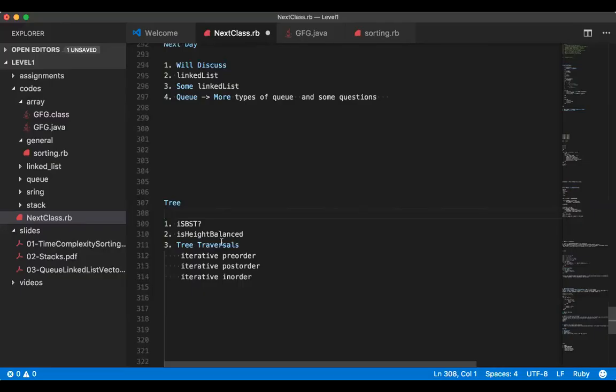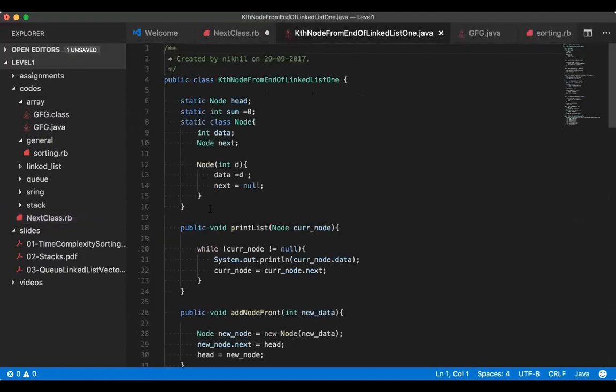Kth node from end. This is one code, a submission with a linked list implementation.